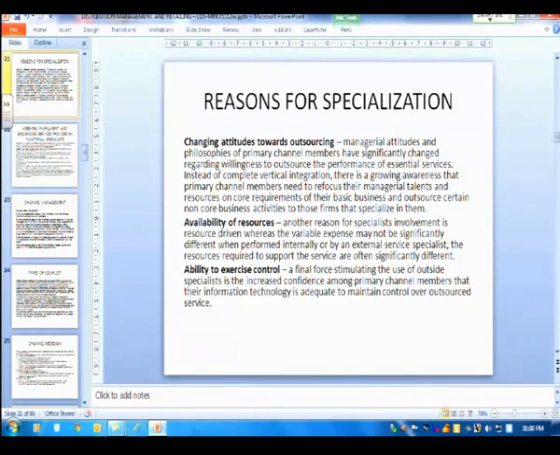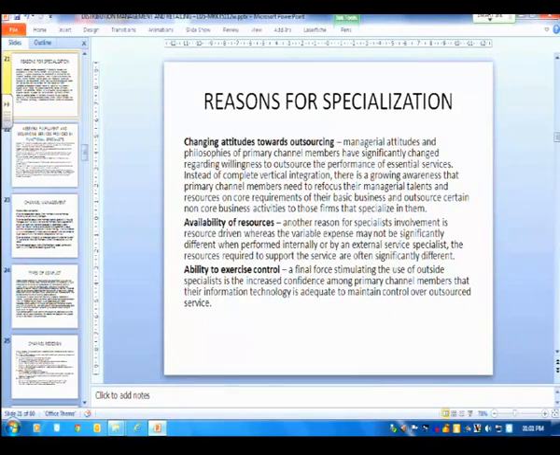Let's continue with reasons for specializing. The next one is changing attitudes towards outsourcing. Managerial attitudes and philosophies of primary channel members have significantly changed regarding willingness to outsource the performance of essential services.